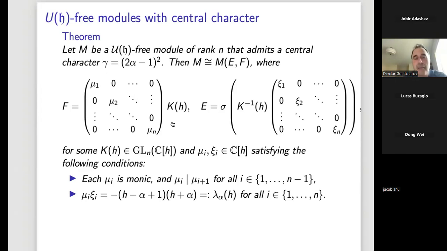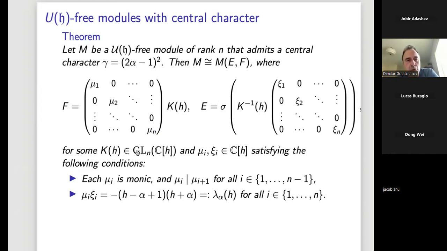It's not like gamma determines alpha uniquely. I mean, it's obvious that it's not the case. We may have two alphas, but the problem is that two alphas giving the same gamma still give us non-isomorphic modules M_{E,F}. So with this setting, we again have mu i's, which determine uniquely xi's, alpha, almost the central character, and this K, an n by n invertible matrix, not invertible to be precise, an element of GL_n.